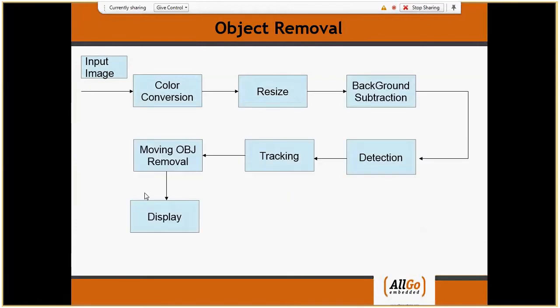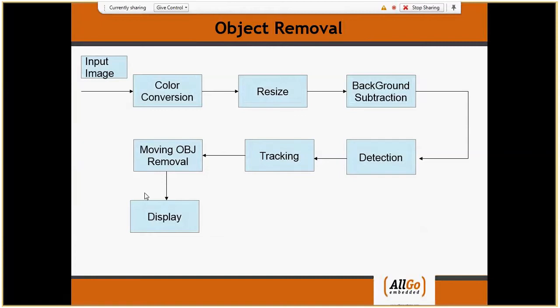So this is a very high level block diagram of the demo we have here. We capture an input image from a camera. We do the color conversion, resize, and the background subtraction, where we detect the moving object and the stationary object.